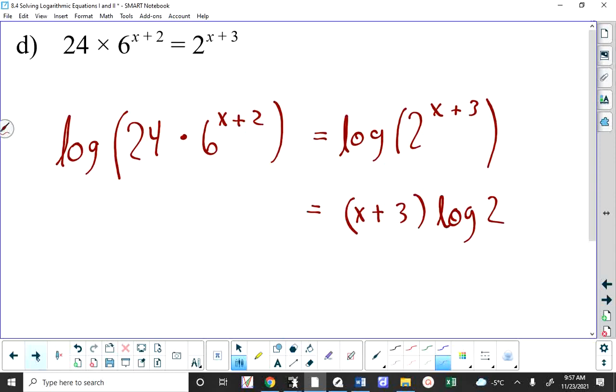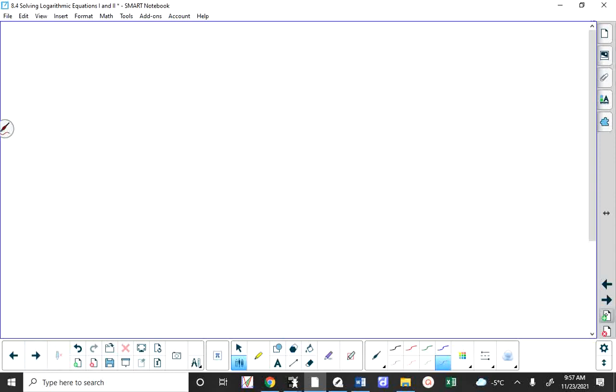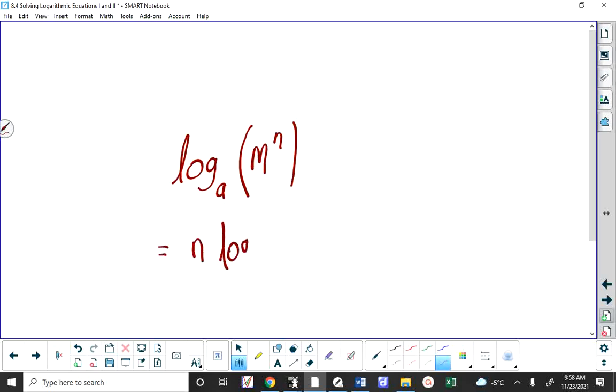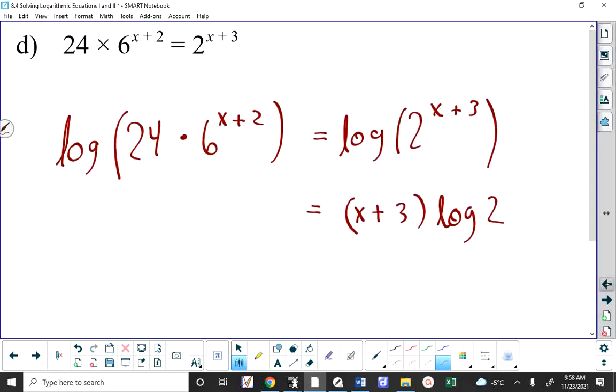The answer is no. This rule, which I'm going to write down that we've been using, says log base whatever of m to the n is equal to n times log base whatever of m. You can only move that exponent in front if the logarithm is of an argument that's only that power, m to the n.